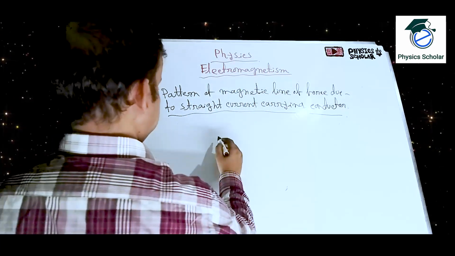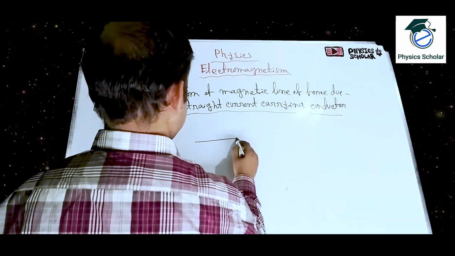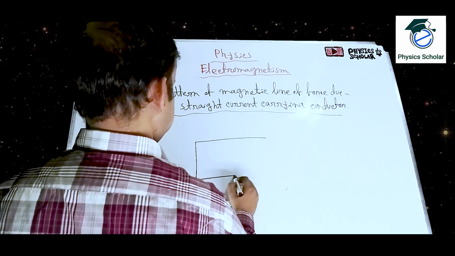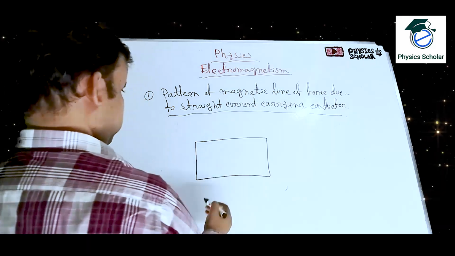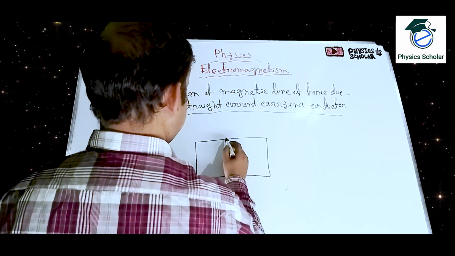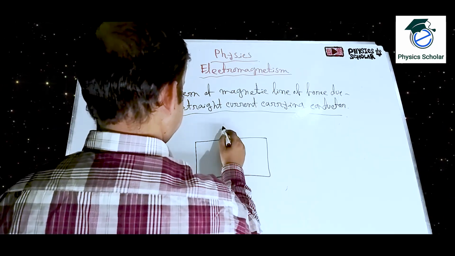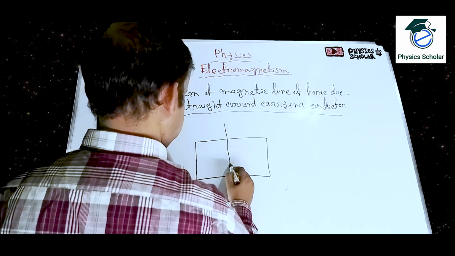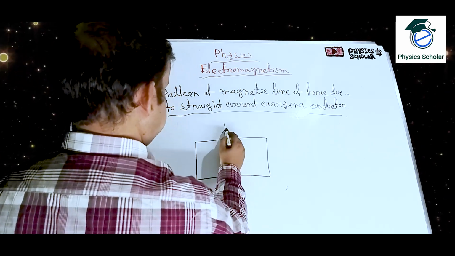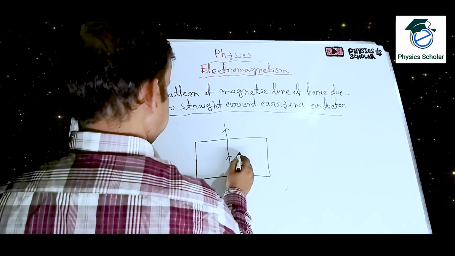So now suppose this is the board, and suppose this is a straight current carrying conductor.